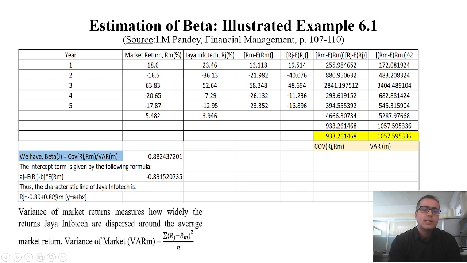This is your constant and this is your beta value, like y equals a plus b x. And the variance of the market return measures how widely the returns of Jaya Infotech are dispersed around the average return, which we could find by using this formula.